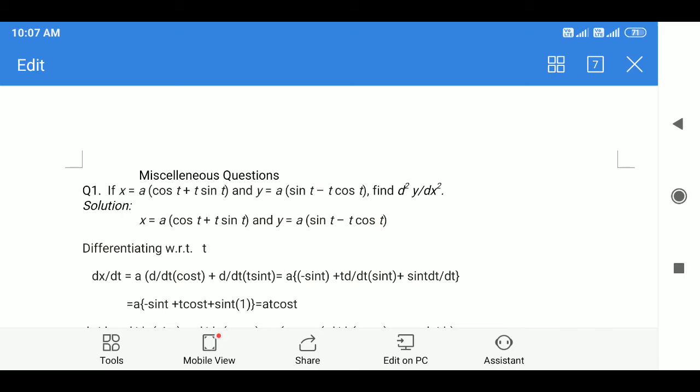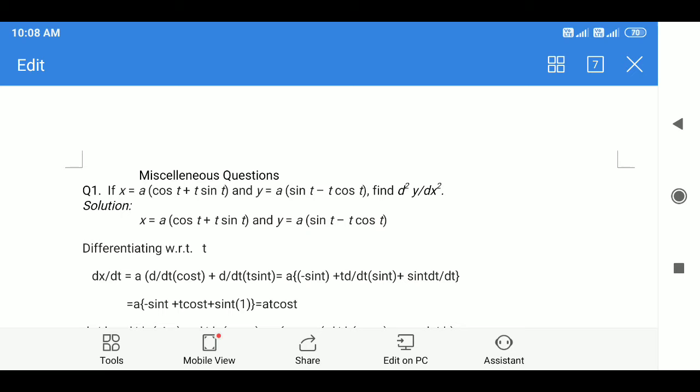Here the functions are in parametric form. So first we take the functions: x is equal to a cos t plus t sin t and y is equal to a sin t minus t cos t. Now differentiating with respect to t, we get dx upon dt is equal to a [d upon dt of cos t plus d upon dt of t sin t], which is a [minus sin t plus t d upon dt of sin t plus sin t d upon dt of t] using the product rule.